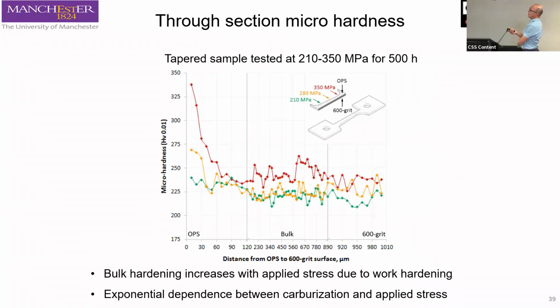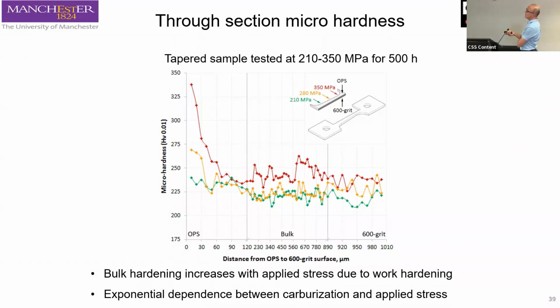So what we did, we also measured the hardness. This time we are plotting the hardness as a function of the distance from the OPS surface, going through the entire sample, even in the bulk, and then going on the 600 grit. What we really notice is that on the 600 grit there is no evidence of carburization, because the hardness is the same as in the bulk.